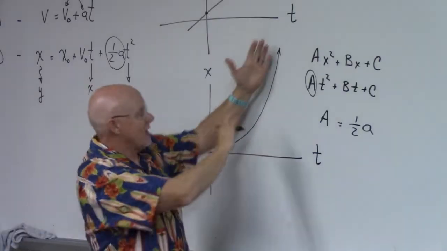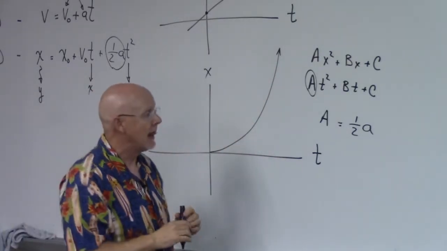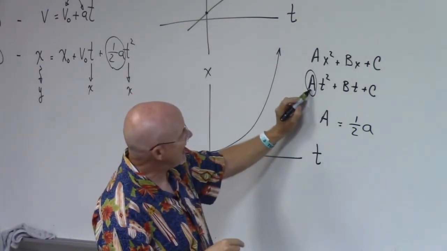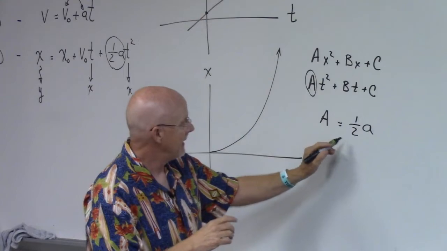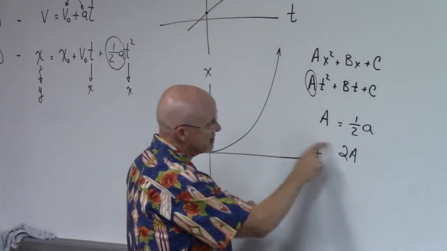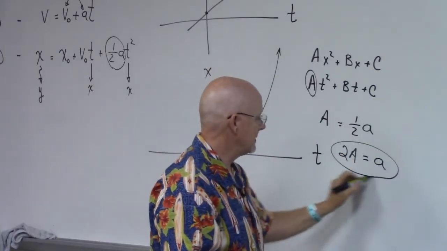So when we take our data and we do a curve fit, I'll say it again, if we get this really nice parabola, that proves it's constant, but then if we take the value of this a from our curve fit and then bring this 2, we can get the acceleration.